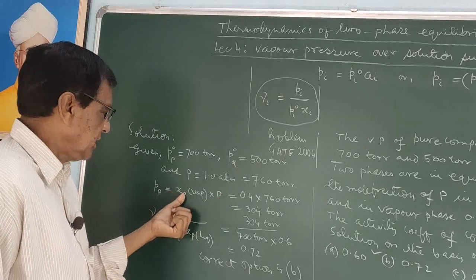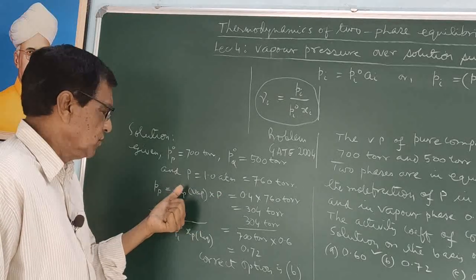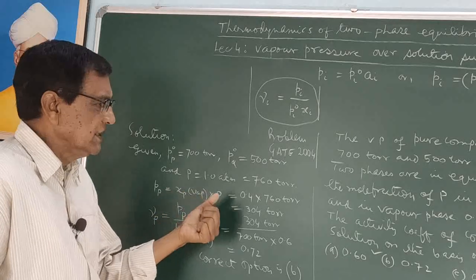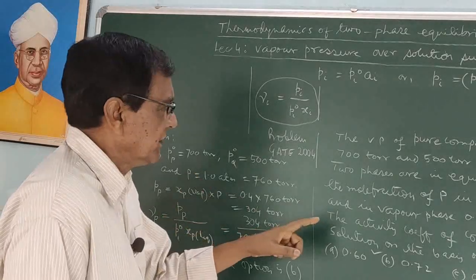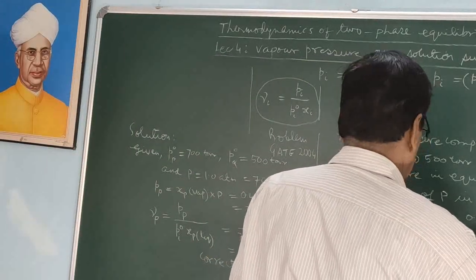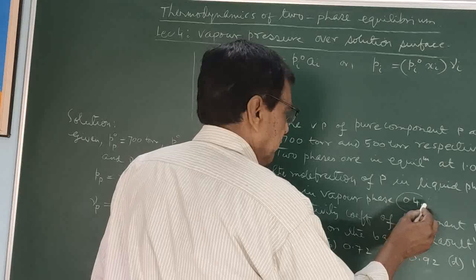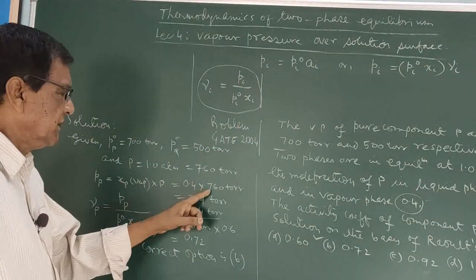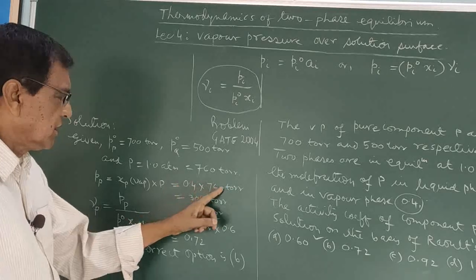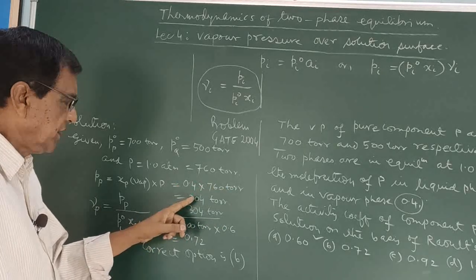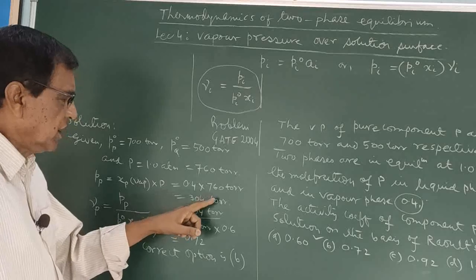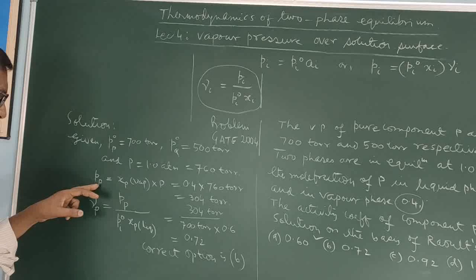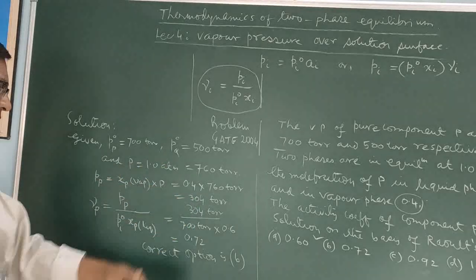So xP in the vapor phase, the mole fraction of component P in the vapor phase, is given as 0.4, and with the total pressure of 760 torr, the product of the two equals 304 torr.